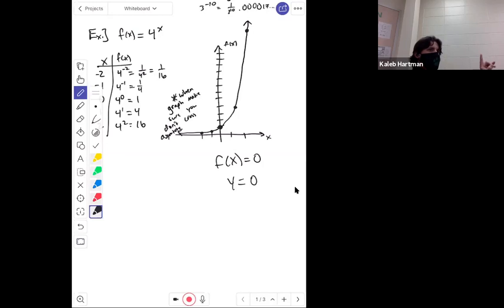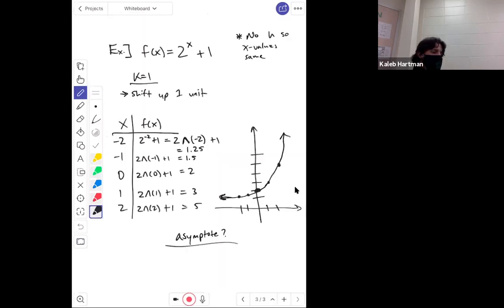Guys, if we shift the graph up 1, then the asymptote is going to be at 1. Okay, at that line y equals 1, which would be, guys, right there, that horizontal line. Okay, everything got shifted up 1. That was because we shifted up 1 unit.